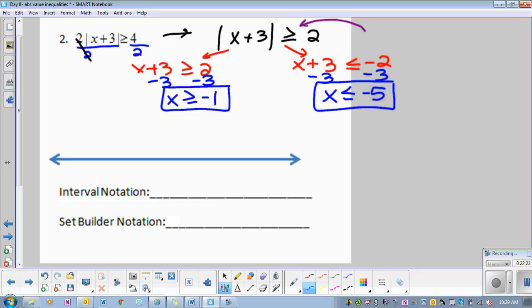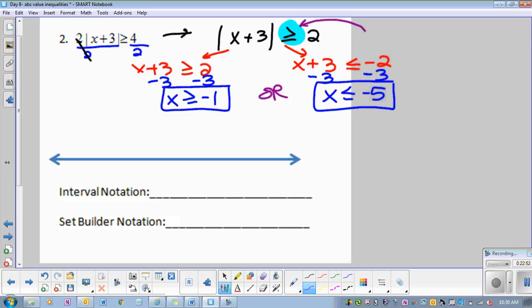What is that sign right there? Greater. Great or. This is an or. Okay?